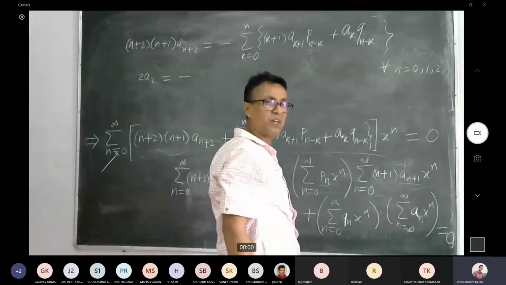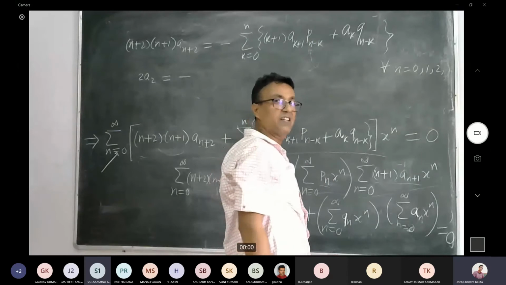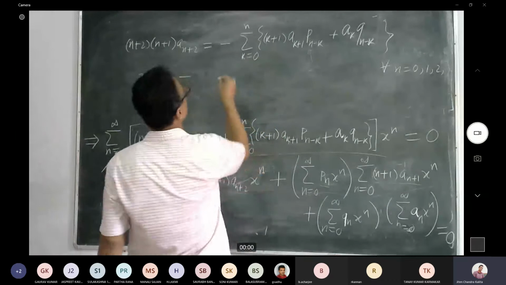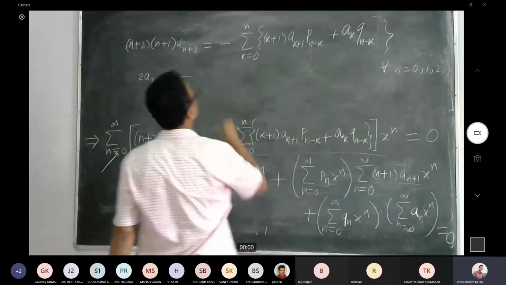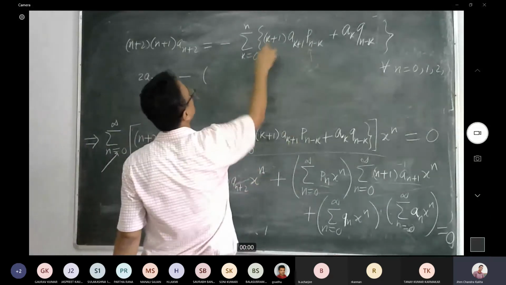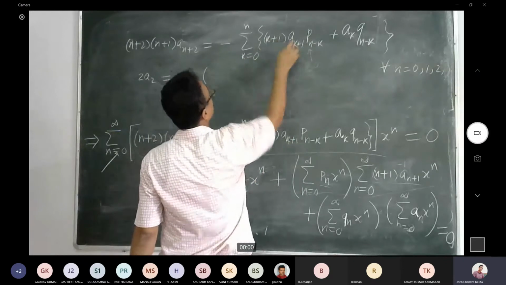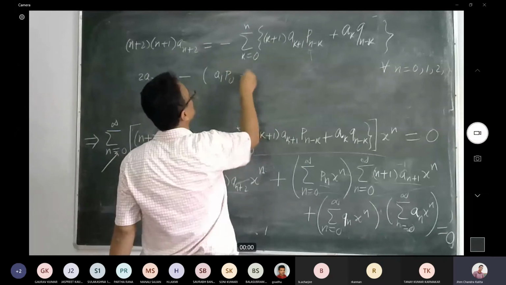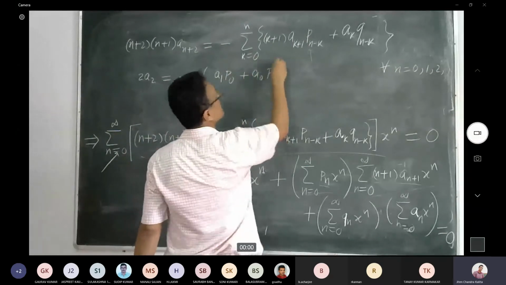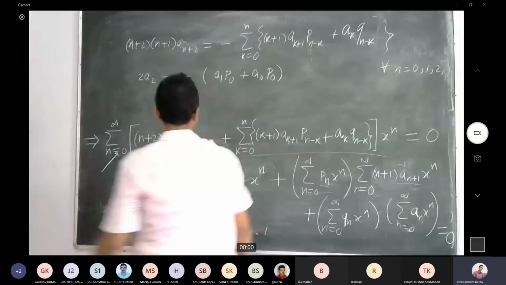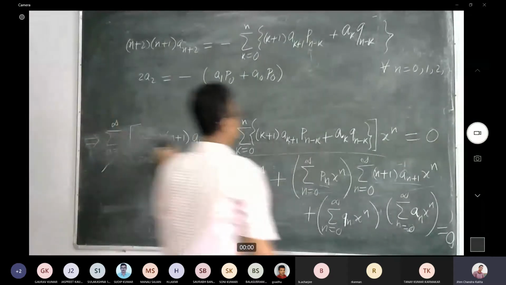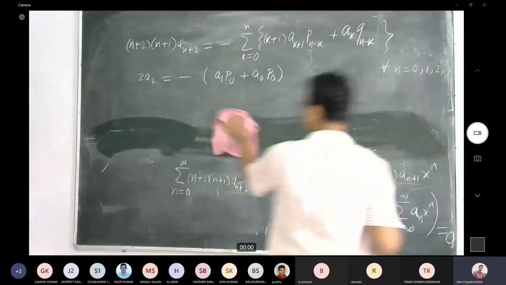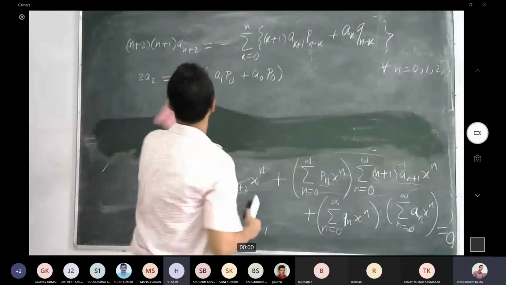Is it okay with everybody? Maybe once I move to the second term, it will be more clear. Both n and k are 0, so this is k equal to 0, this is simply 1. This is going to be a1 p0 plus a0 p0. This is the first thing. Then what about the second one? So a0 q0.